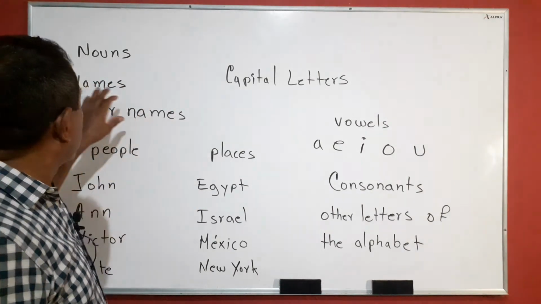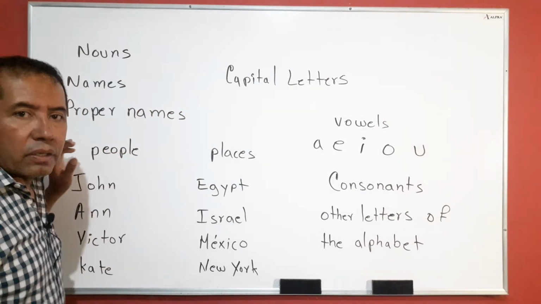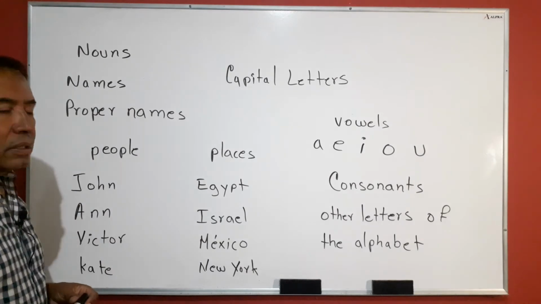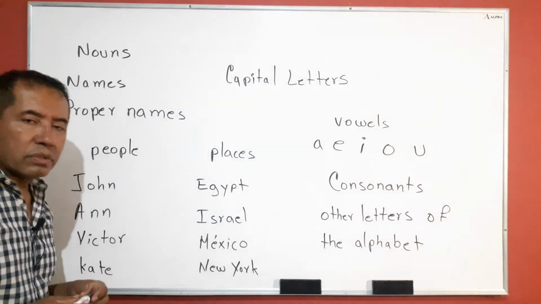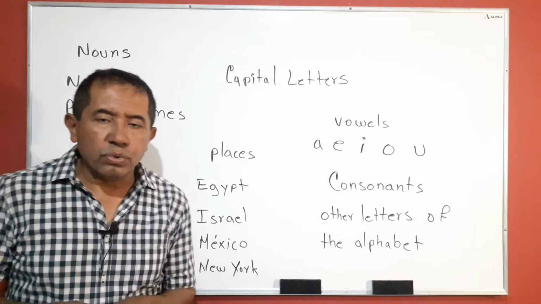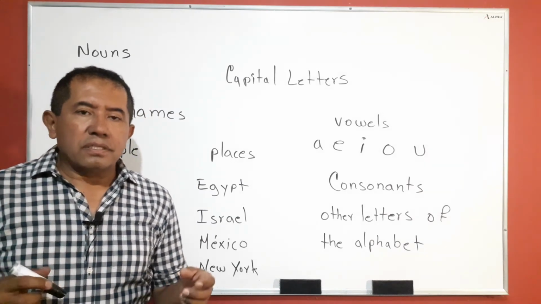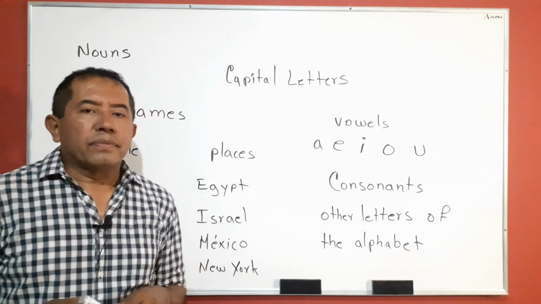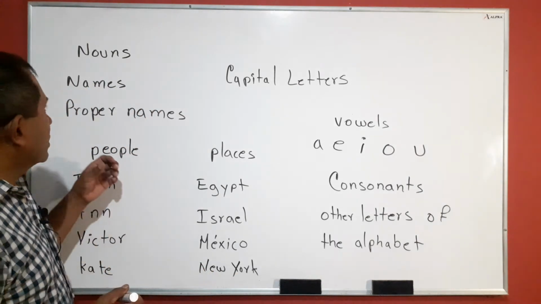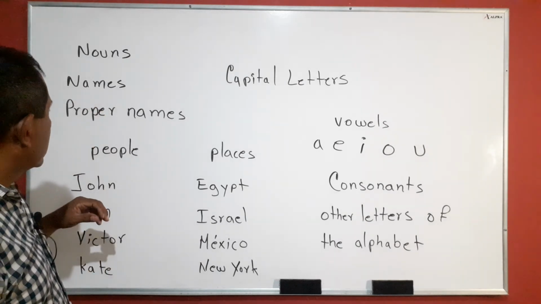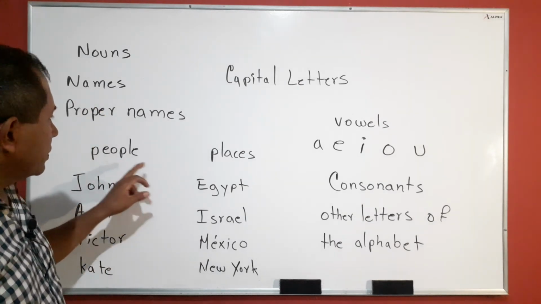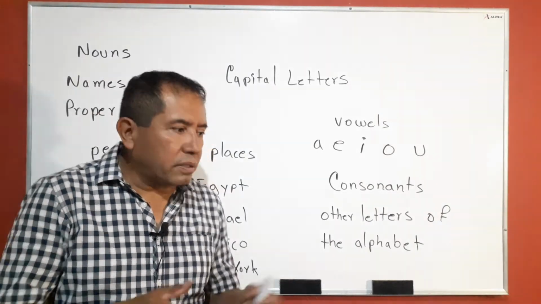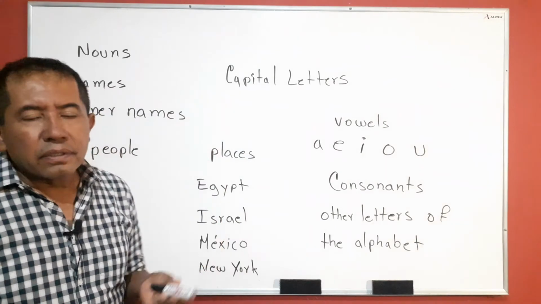Well, now we are going to study nouns. What are nouns? Nouns are those words that don't have an action. Those words about names, it could be people, places, or objects like a table, marker.